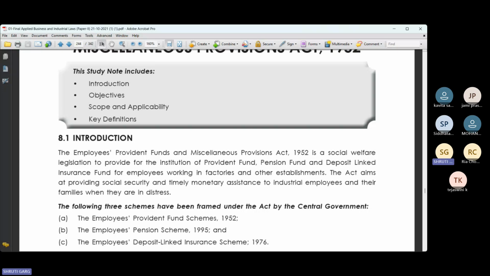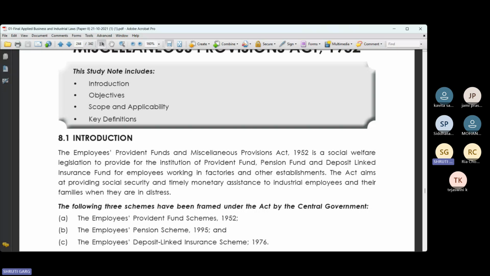The company says that if a person is employed in our organization, he should be provided some provident fund or some savings, for his future, for unseen emergencies, है ना? He should be provided some financial commitment. It's like a saving in the pension fund, deposit linked insurance fund, or provident fund.